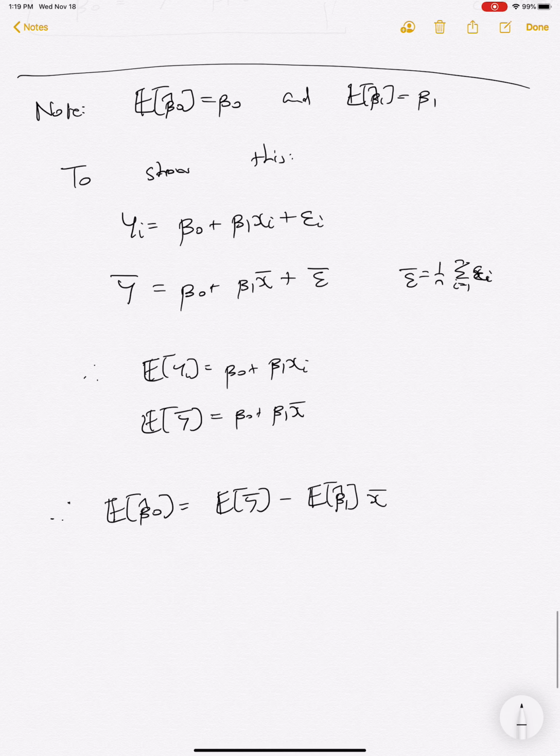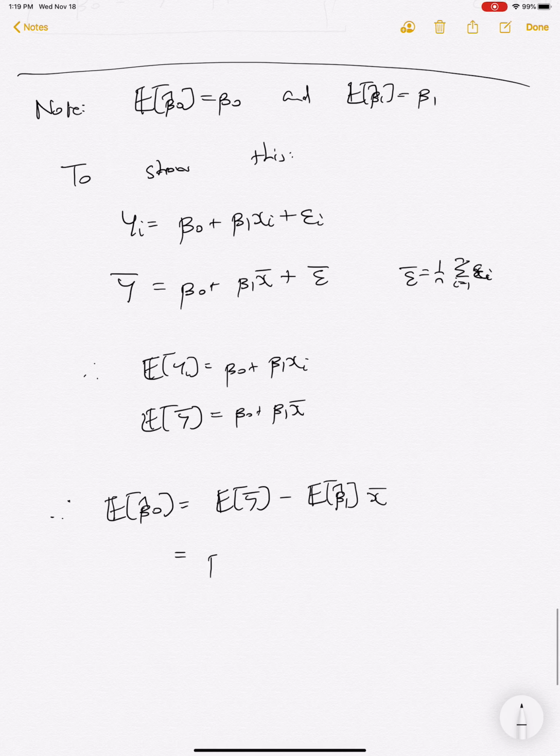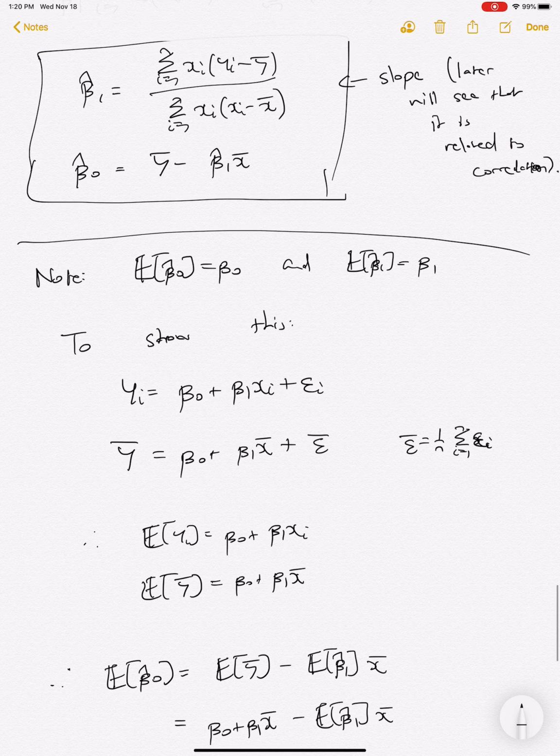And so that's just going to be equal to beta 0 plus beta 1 x bar, minus the expectation of beta hat 1 times x bar. We have that this is beta 0 plus x bar times beta 1 minus the expectation of beta hat 1. So it just remains to show that the expectation of beta hat 1 is what we expect.